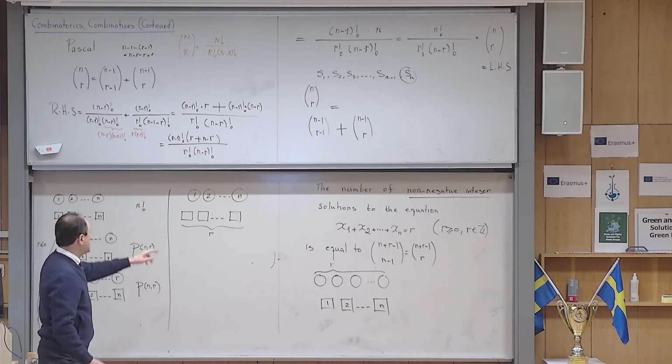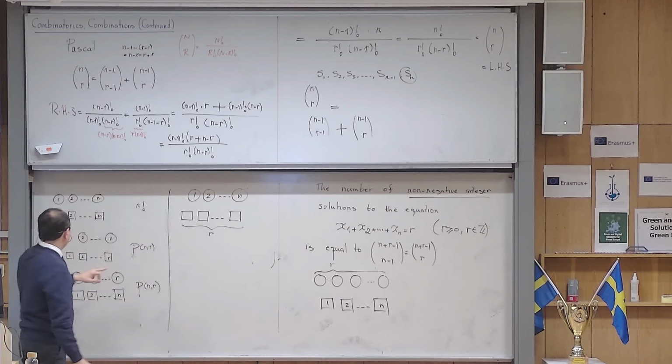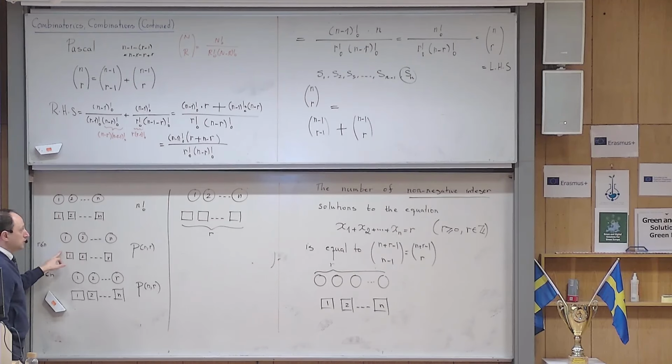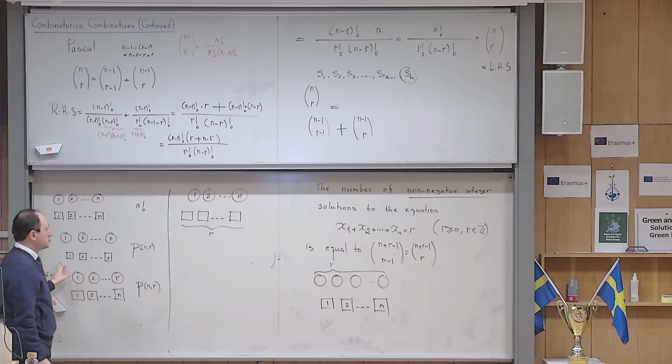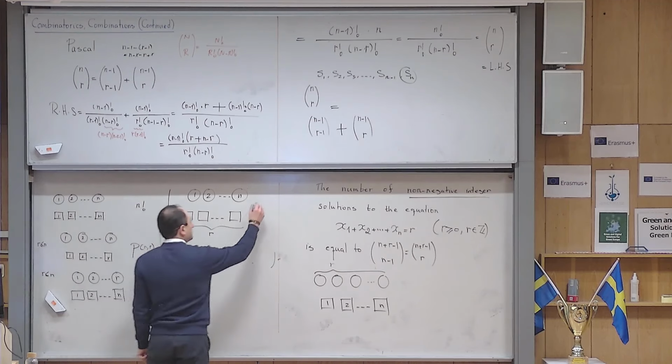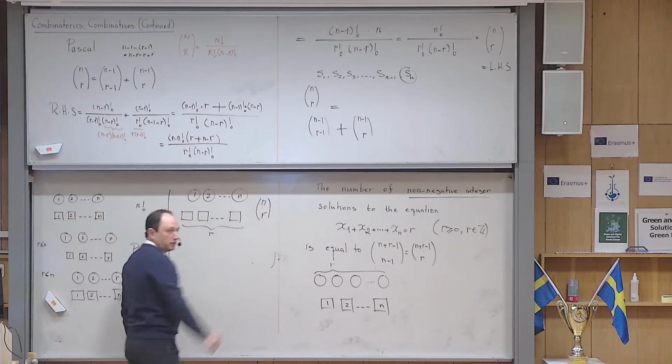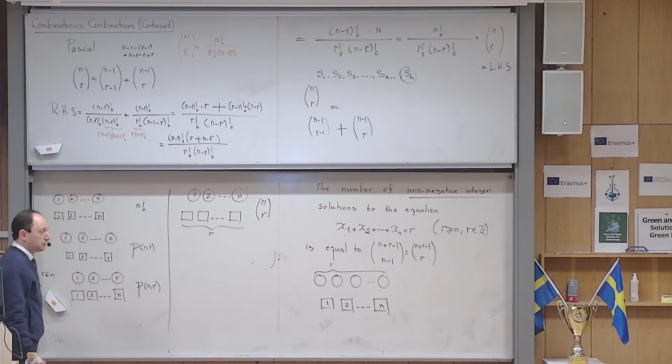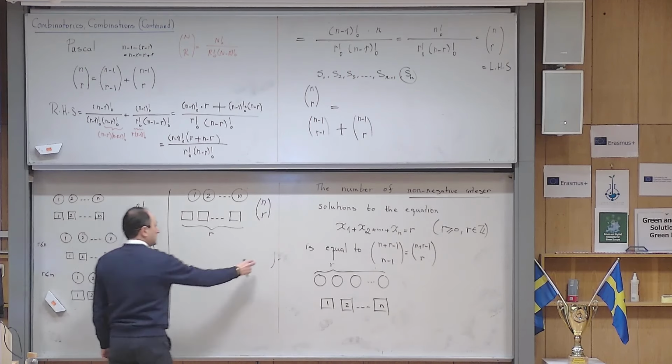So you see this is similar to this, but the only difference is that I have removed the labels. Okay, the boxes are identical. So the answer to this problem is n choose R.